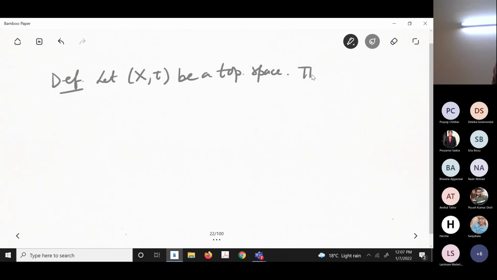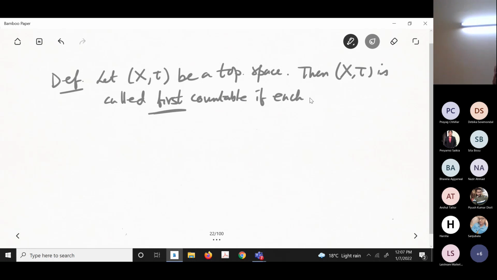Then (X, tau) is called first countable if each point of X has a countable local base.